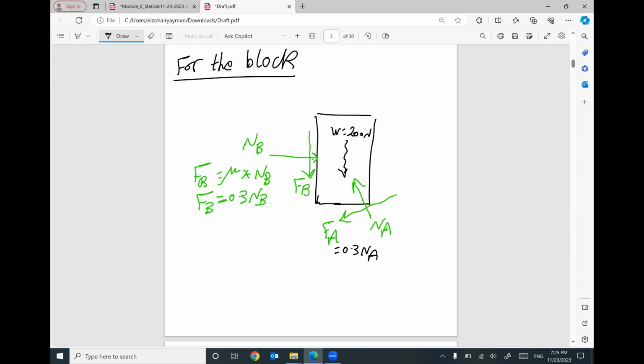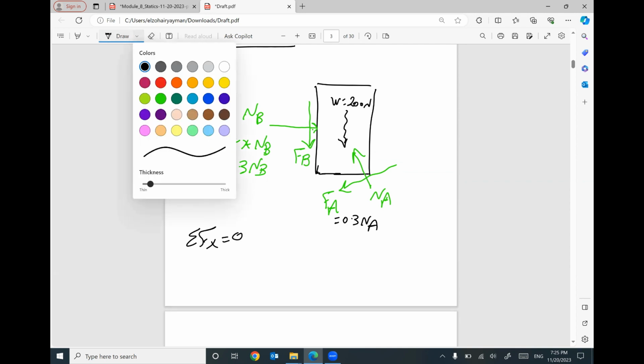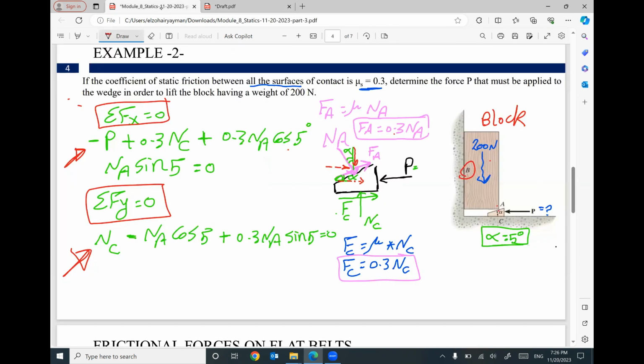That makes sense? If you apply summation f of x equals 0, what forces do you have in x direction for this block? I have capital NB. This is the angle alpha equal 5. Yes.